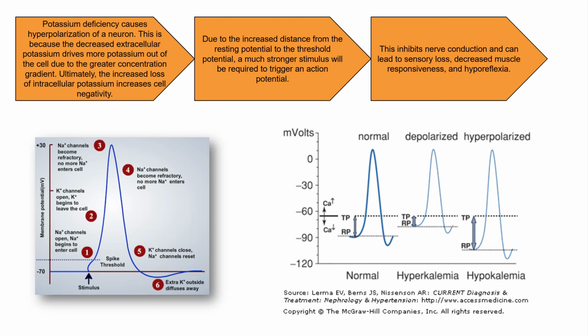That decreased potassium increases the cell negativity. Due to the increased distance from the resting potential to the threshold potential, a much stronger stimulus will be required to trigger an action potential. This inhibits nerve conduction and can lead to sensory loss, decreased muscle responsiveness, and hyperreflexia.